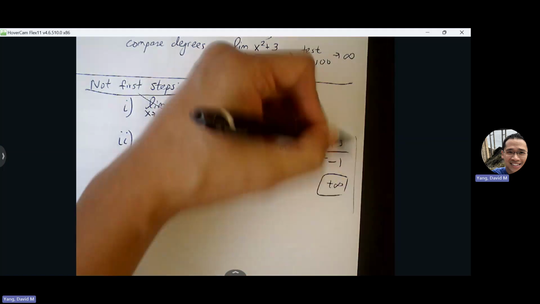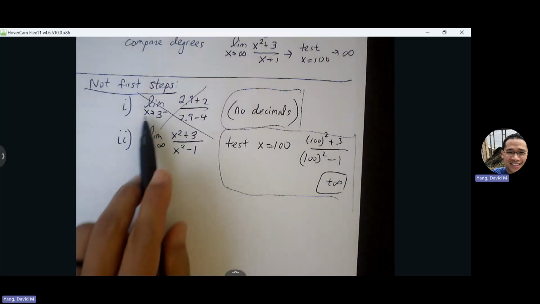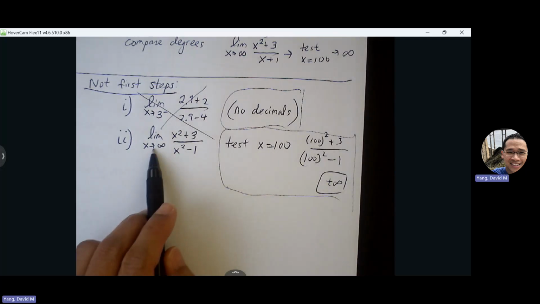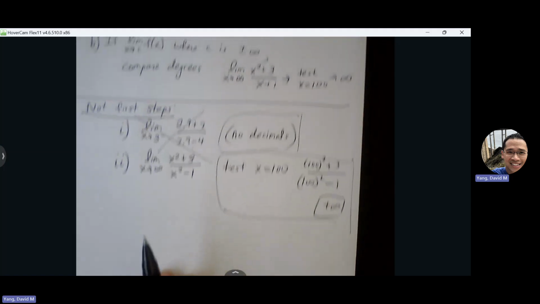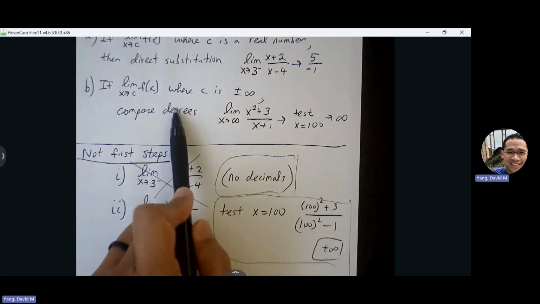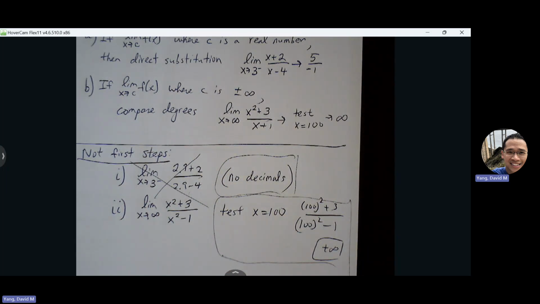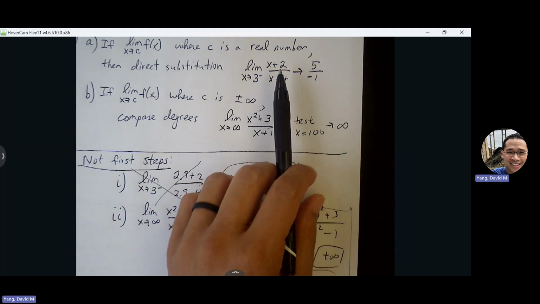And so I see a lot of students run into these issues where they do a decimal or they plug in 100 and they haven't gone through the first steps yet. Right? So that's the biggest issue that students experience on the test. So if you can nail down the first step, you're going to have a better knowledge as to what your next step is, right?